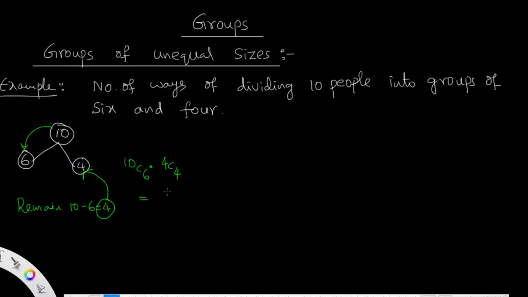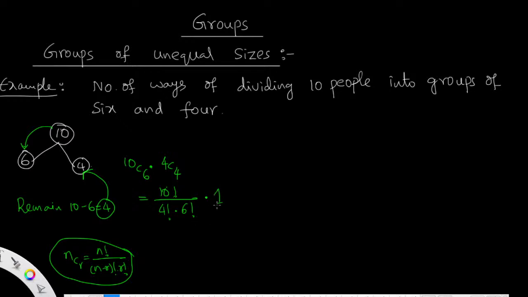The total value uses the nCr formula: nCr equals n factorial divided by (n minus r) factorial into r factorial. Substituting, we get 10 factorial by (10 minus 6) factorial, that is 4 factorial, into 6 factorial, into 4C4, which is nCn, equal to 1 way.